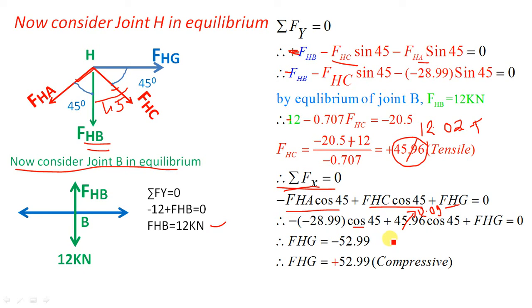So you will get the value here 29.05 kilonewton, and your answer is minus. Minus indicates that you have assumed F of HG tensile, but it is not in tension, it is a compression. So 29.03 is your answer, and notation is compression.